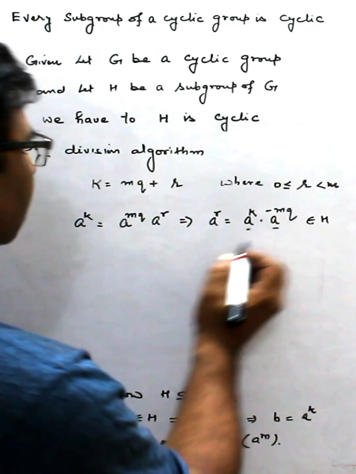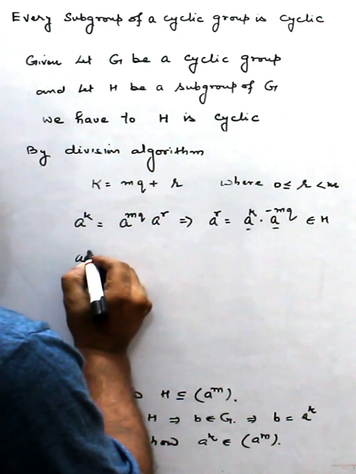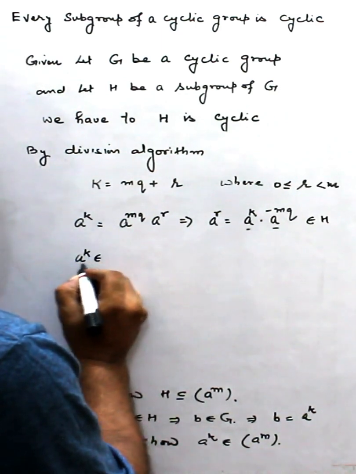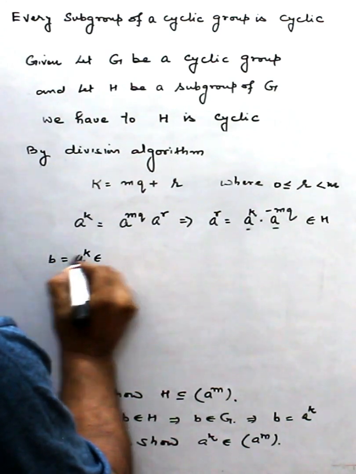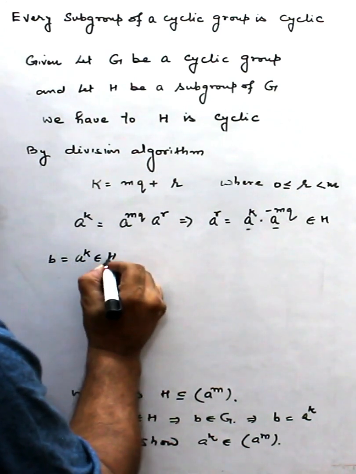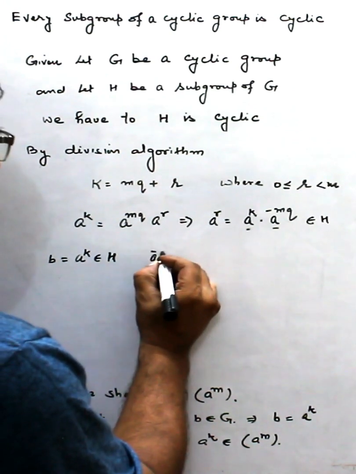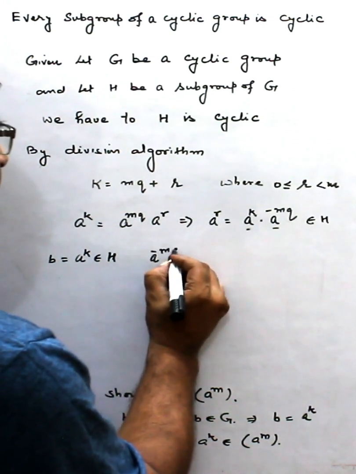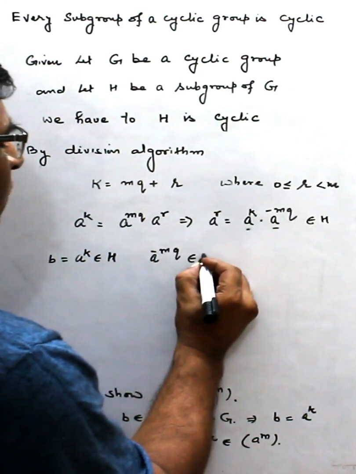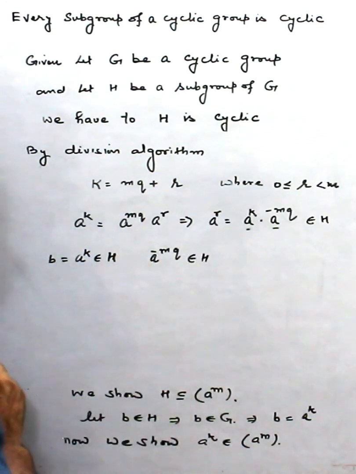Because see, a^k, that was b, we chose from H, and a^(-mq) also belongs to H. Why does this belong to H?